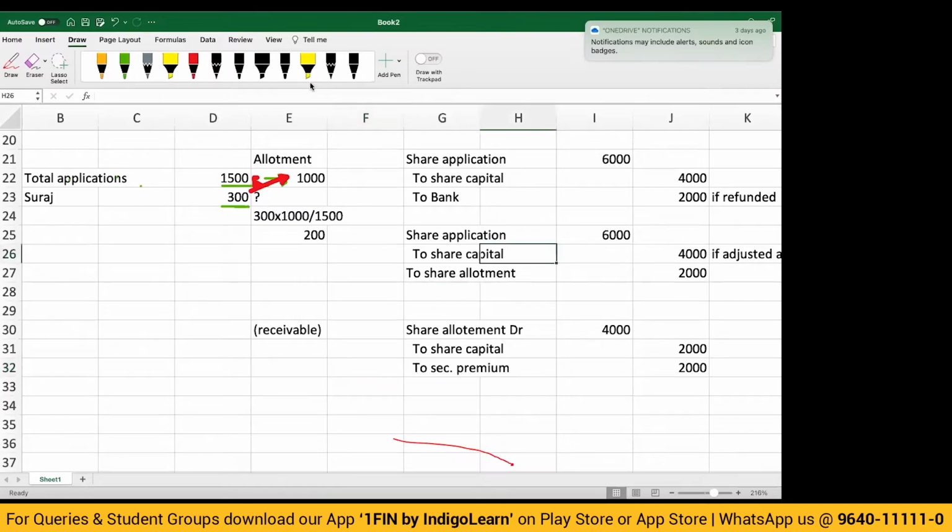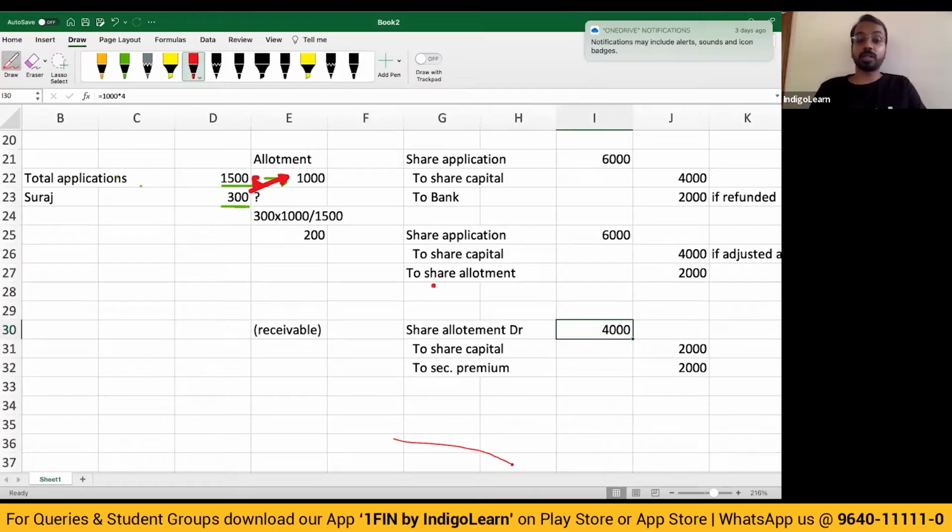See, 2000, sir. The amount due is 4000, but the shareholders paid extra amount at the time of application. So they will receive 4000 minus 2000. They will receive balance of 2000 only. They will not receive 4,000. See, 4,000 is receivable, but they will receive minus 2,000. They will receive only 2,000.